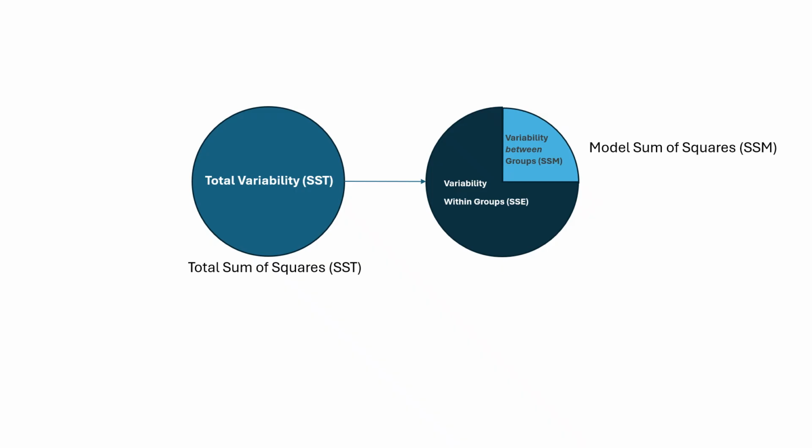Variability between groups is also called the model sum of squares. And finally, variability within groups is also called the error sum of squares. The total variability is calculated by adding the model sum of squares and the error sum of squares.